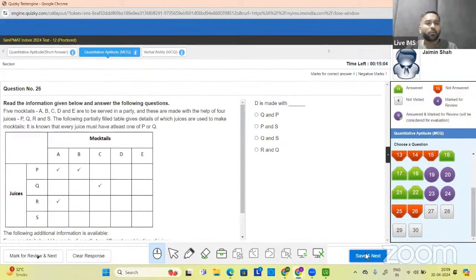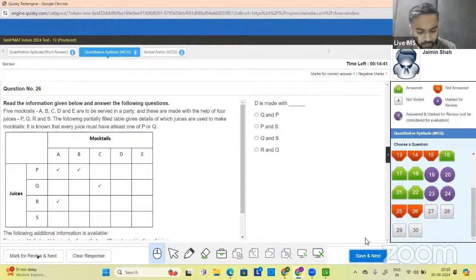Okay. 5 mocktails A, B, C, D, and E are to be served in a party, and these are made with the help of 4 juices. The following partially filled table gives the details of which juices are to be used to make the mocktail.